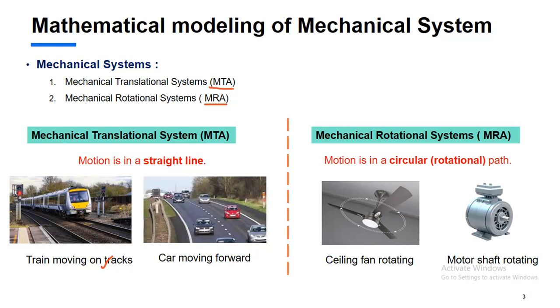Even if it is backward, it is still translational. It is a motion in a straight line. What is a mechanical rotational system? Here the motion is circular, that means a rotational path. Example: a ceiling fan rotating. It follows a circular path, and a rotating motor shaft is an example of a mechanical rotational system.